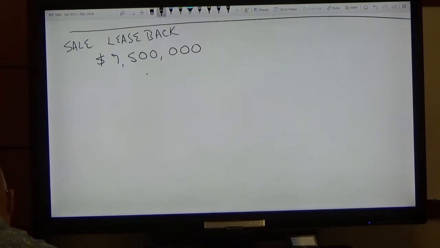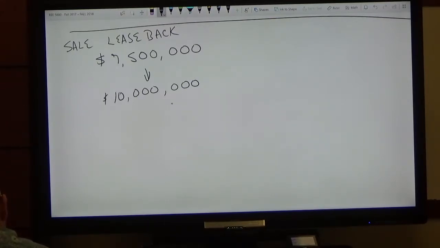Ultimately, after having been developed, they sell it off to some sort of institutional player, some sort of high net worth individual, whatever, for $10 million.